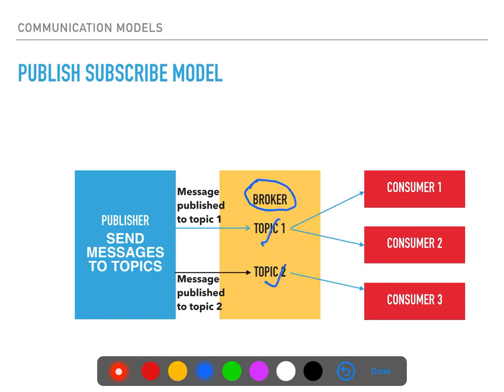Topic 1 is subscribed by two different consumers, 1 and 2, whereas topic 2 is subscribed only by consumer number 3. A publisher can send messages to these topics. Messages published to topic 1 are a separate entity from those published to topic 2. So consumers 1 and 2 will get the messages for topic 1, and consumer 3 will get the messages for topic 2.